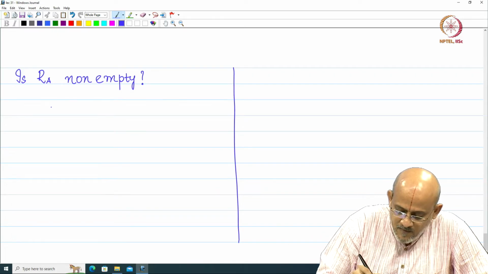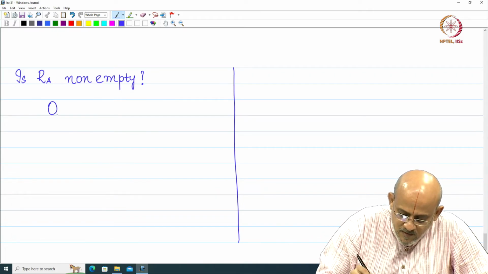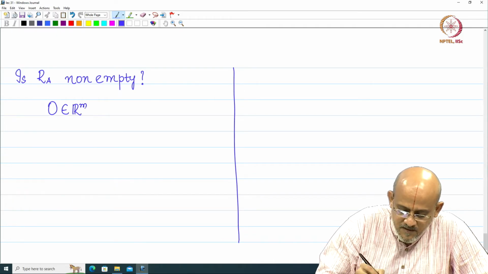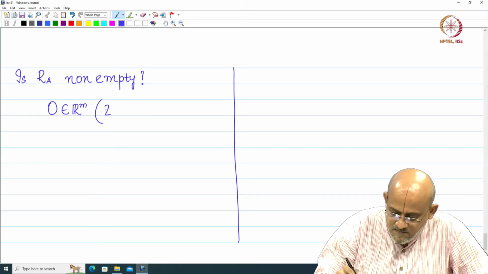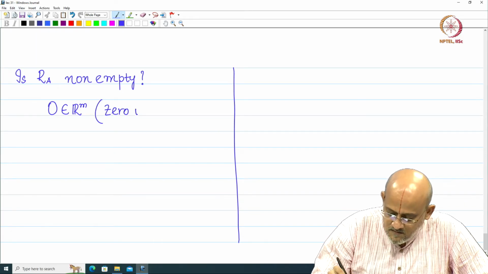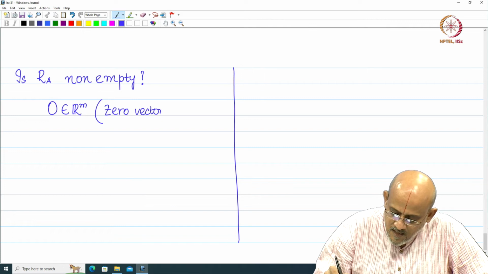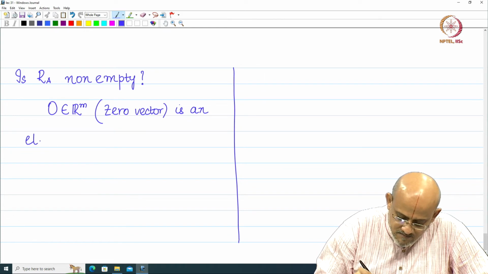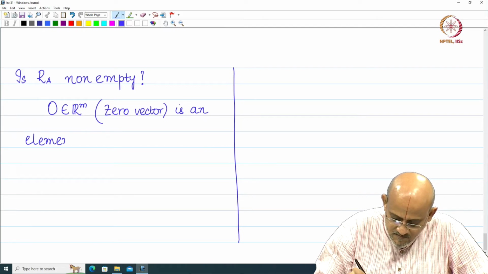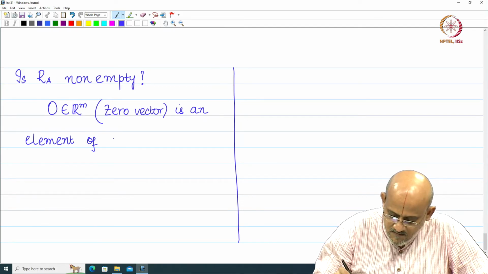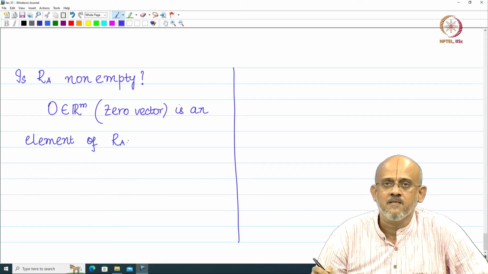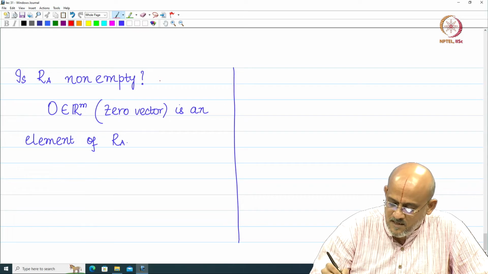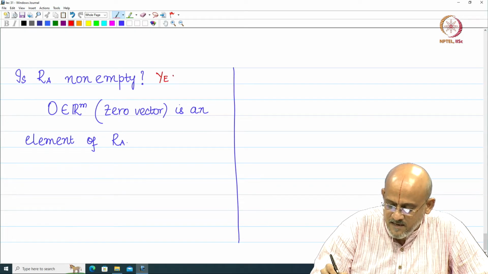So the 0 vector, which is in Rm, is an element of RA. Therefore RA is non-empty. So the answer is yes, RA is non-empty.